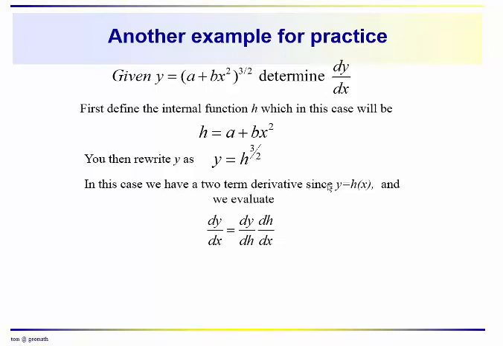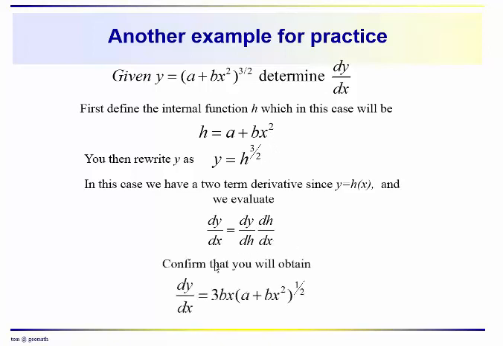And then we use that two-factor derivative to evaluate dy/dx as dy/dh, the derivative of this term here, h to the 3/2 power, times dh/dx, the derivative of this term.